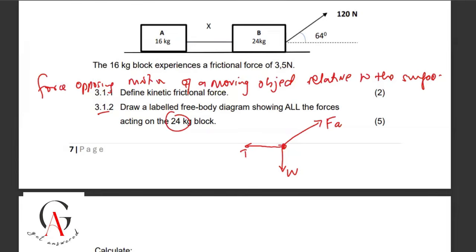We're also going to have the frictional force, the Fk. And then we're also going to have the Fn, which is the normal force. So that should give us 5 marks. Frictional force, tension, weight, and all of that. So that is everything that we're going to have there. And then the weight. So those are the 5 marks.